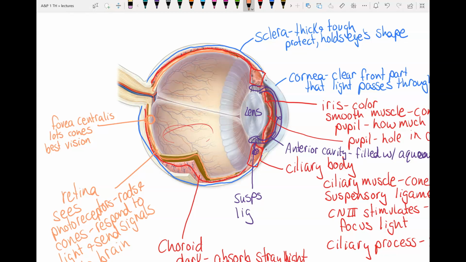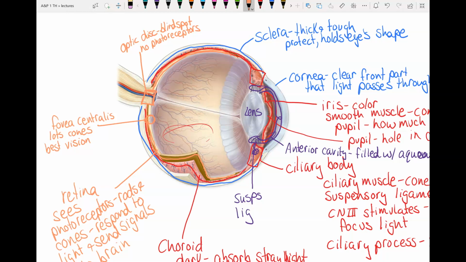Another spot is right here. This area is the optic disc. This is also known as the blind spot. There are no photoreceptors here. So whatever lands on that part of your retina, you can't see. And you don't notice this because your brain fills it in.